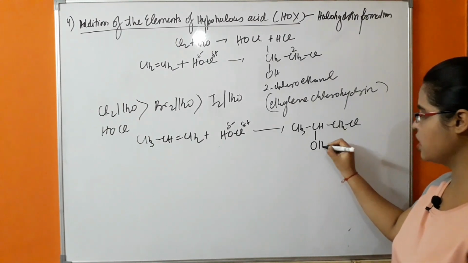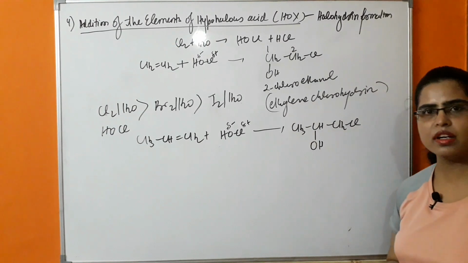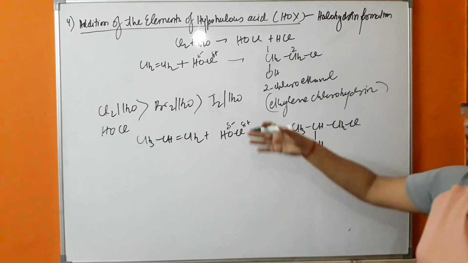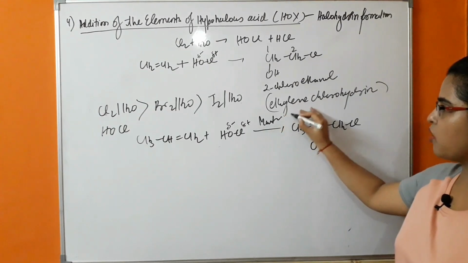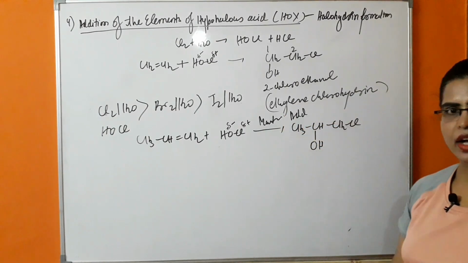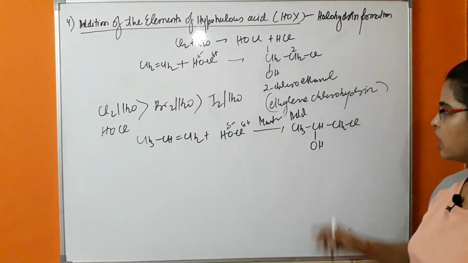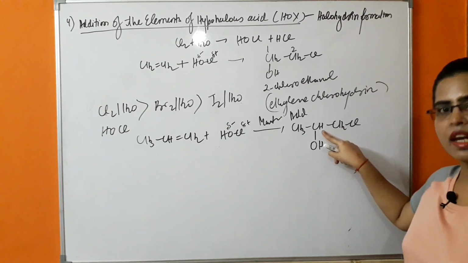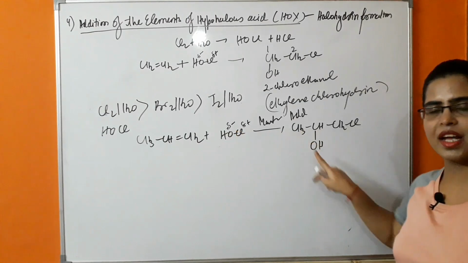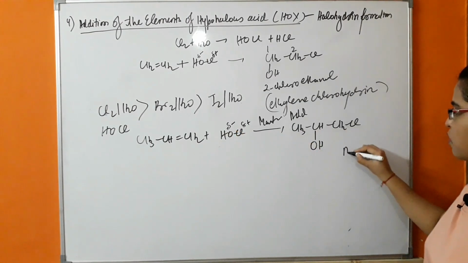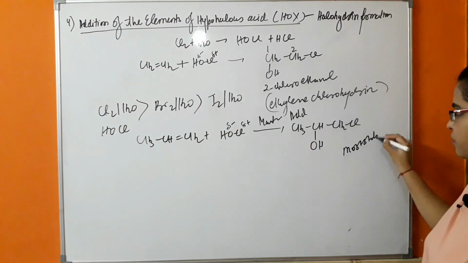So there will be formation of this compound. According to the Markovnikov rule, this reaction occurs by Markovnikov addition, and the nucleophile will attack only the carbon which has the smaller number of hydrogens. This will be most stable.